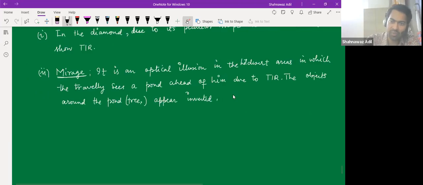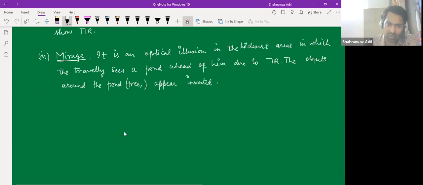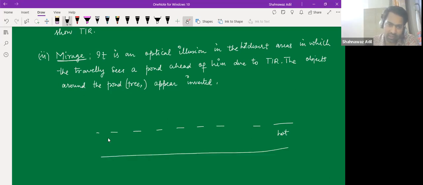How does this happen? You have this hot region, and let's say there is this tree. And then there is this cold air, right?